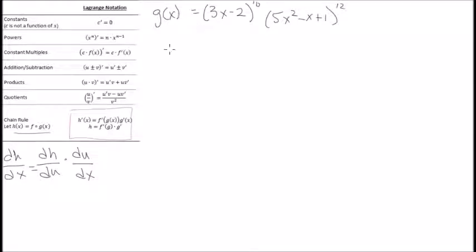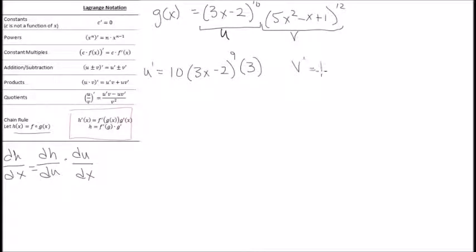All right, so I look at the first term here. I'm going to call this u and call this v, and I'm going to say that the derivative of u is equal to 10 times (3x − 2) raised to the 9th times 3, and the derivative of v is going to be equal to 12 times (5x² − x + 1) raised to the 11th times (10x − 1).